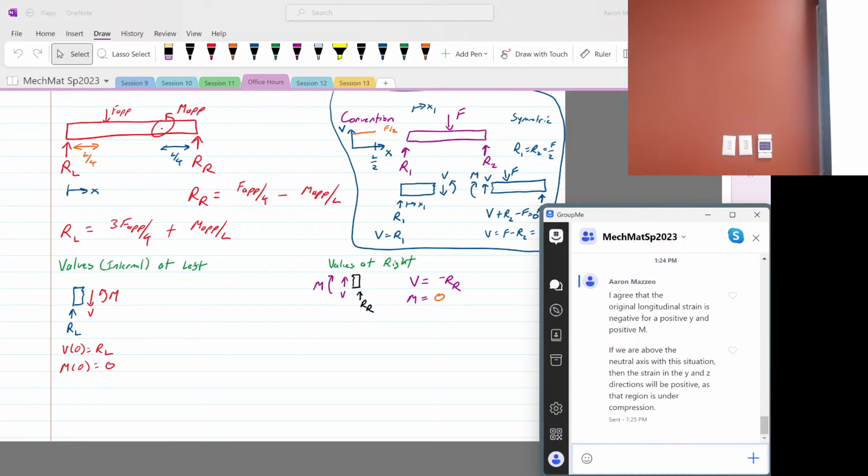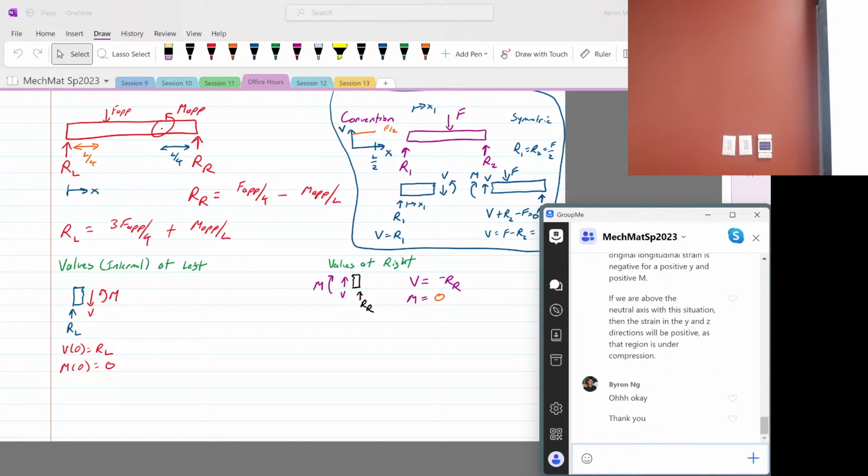Oh, okay. So be careful with this. If you originally drew this, you can do this, but this is dangerous because then you change the direction.